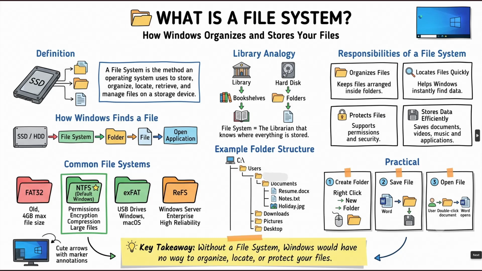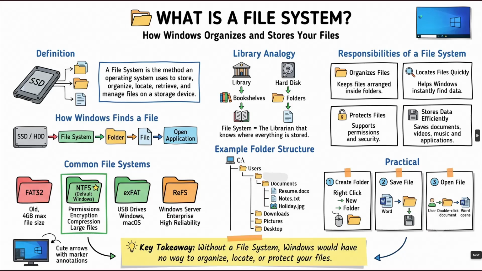So how does Windows find a file? When you make a query inside your SSD or HDD, it goes to the file system. It searches for the file inside the folder. And there may be a designated application to open a particular file. Like image files, you can open in image editors and image viewers, right?